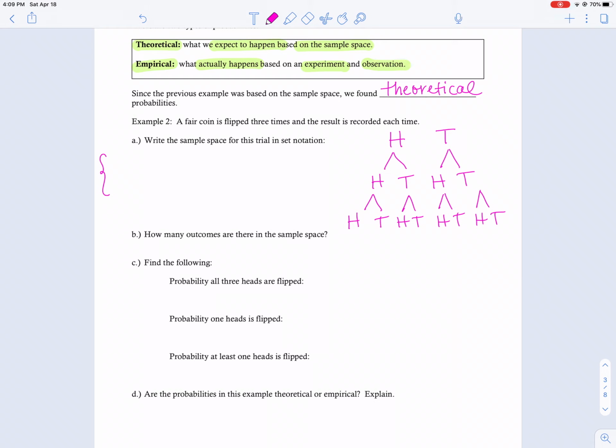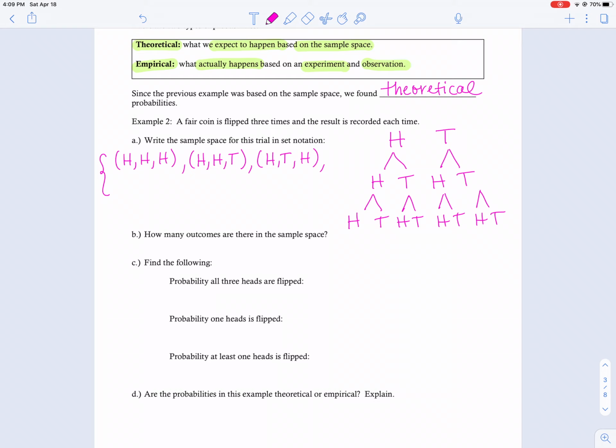So what's your sample space? Well, look down that whole left column. One possibility is heads, heads, heads. So you could have gotten 3 heads in a row. You also could have gotten heads, heads, tails, right? You also could have gotten heads, tails, heads. Okay?